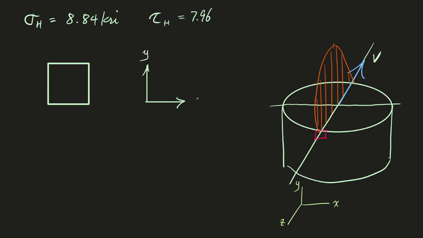So I'm going to do that too. Say that's Y and that's X. Okay, now let's first look at the normal stresses. I have a tensile normal stress that stresses my element and tries to deform it like this. And shear, not very intuitively, is a torsion.